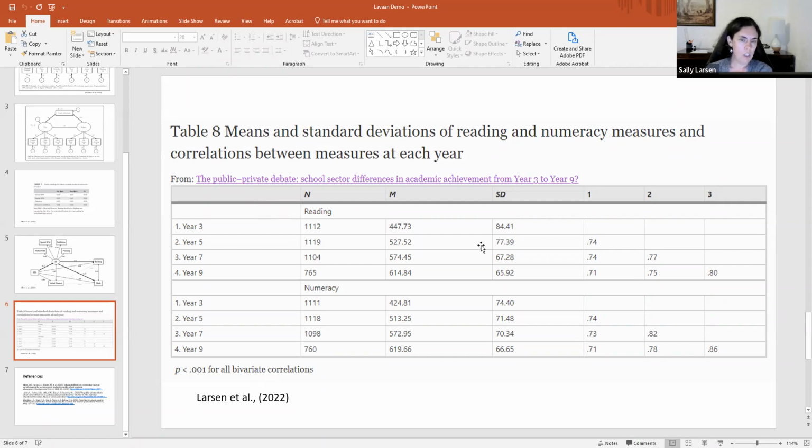So you can see just from this information that the mean scores do increase. I think the example I've got is reading. So the mean scores for reading go up, and this is NAPLAN data. These mean scores are very close to the national averages if you drop out the states that perform the worst.